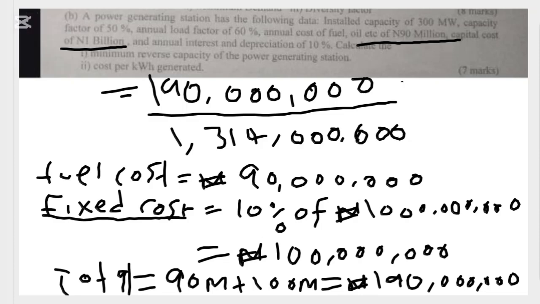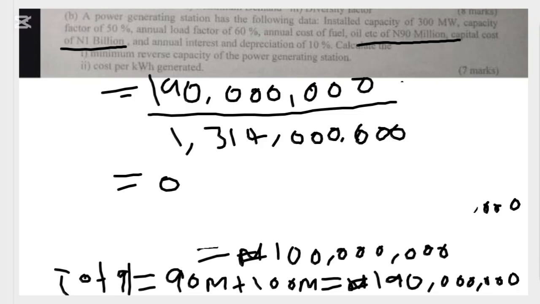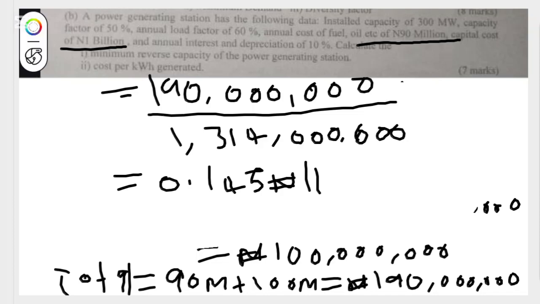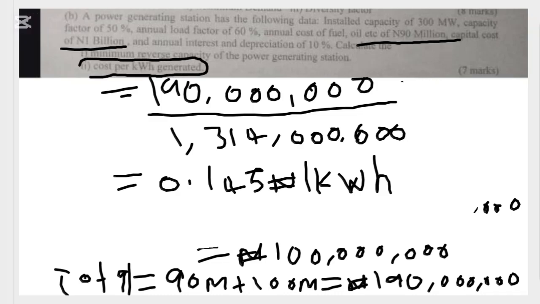At the end, this will be equal to 0.145 naira per kilowatt hour. So this is the cost per kilowatt hour generated. So this is the second question that we solved.